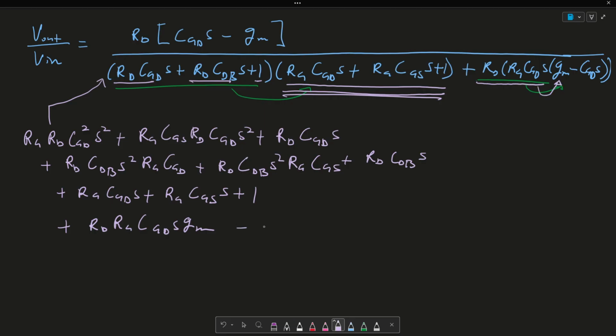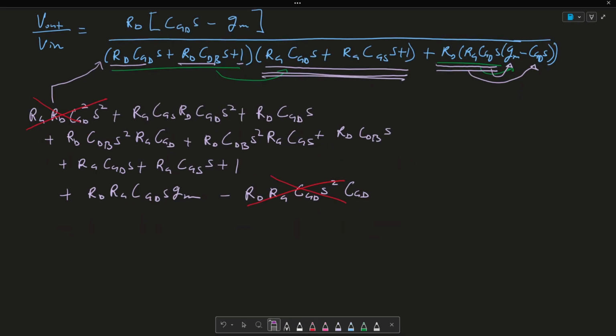And then minus RD, RG, CGDS squared times CGD. And that is all three of these terms times this last term here. And what we notice is that this term cancels out with this first term here.